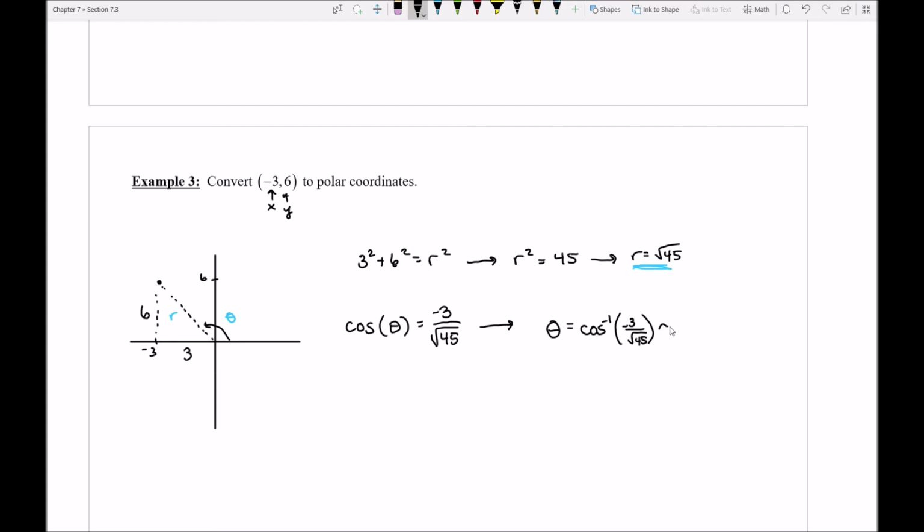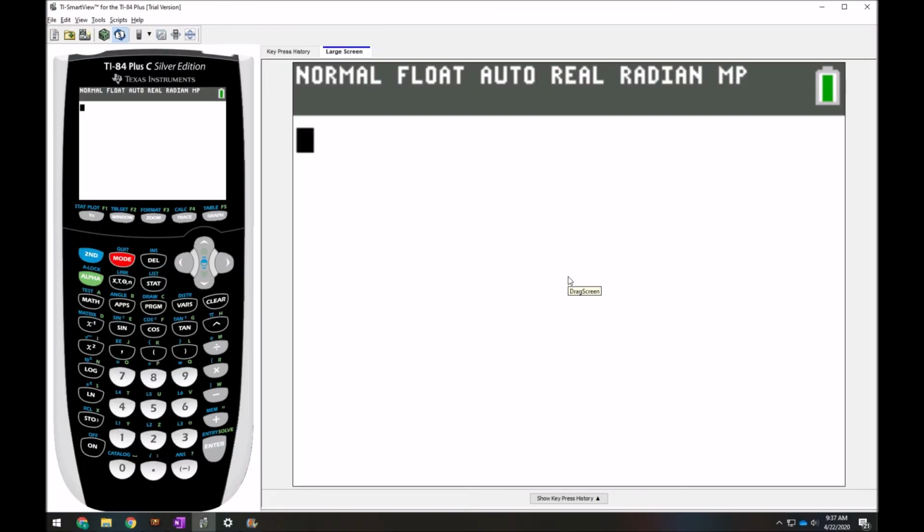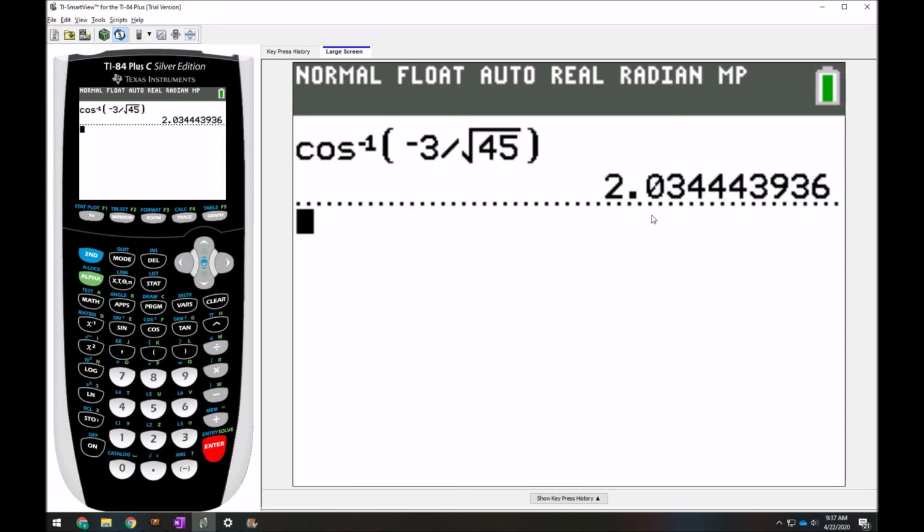Of course, if I wanted to get an approximation, I'd have to switch over to my calculator. If I switch to my calculator, I could go ahead and say that I'm going to be doing that inverse cosine of, and we said that it was going to be negative 3 divided by the square root of 45. Of course, if I hit enter on this right now, since my calculator is in radian mode, it's going to give me an answer that's in radians.